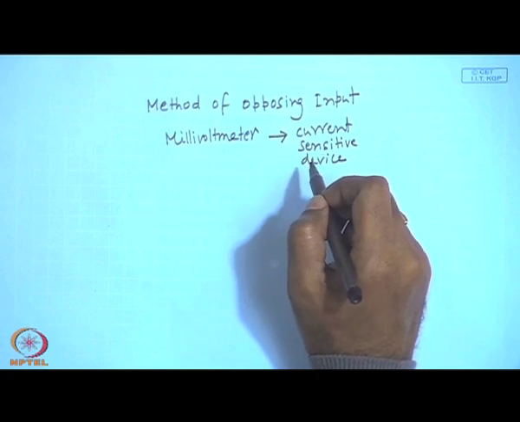But the scale of a millivoltmeter can also be calibrated in volts, because volt and current are related.